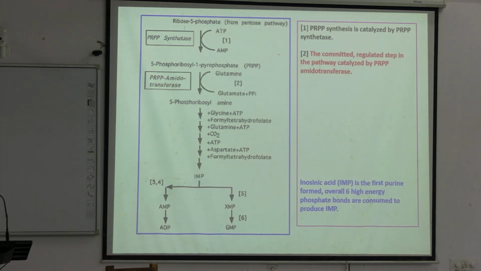If you cannot remember all these things, there is a shortcut for you also. So you write down the first step, ribose 5-phosphate. The first 2 steps are the most important steps where maximum regulation occurs. Then whatever you remember, you just write down everything and then you bring it to inosine monophosphate.